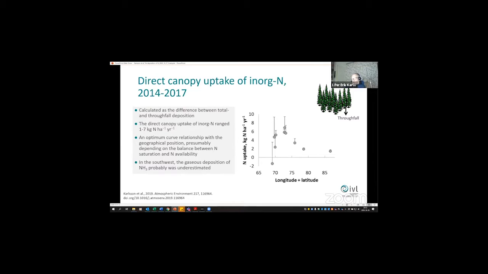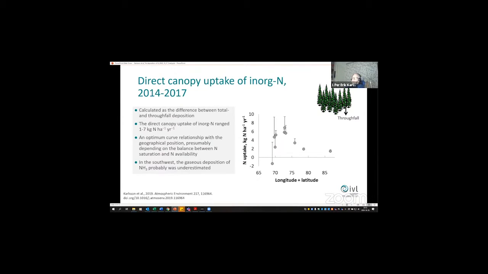The site that is furthest south shows a negative value, and we think that is because we are actually underestimating the gaseous ammonia nitrogen deposition at this site. So that is why this difference is negative for this site, we think. Of course, it's also a possibility that there's a leakage out of the canopy, but we don't think that is so likely.